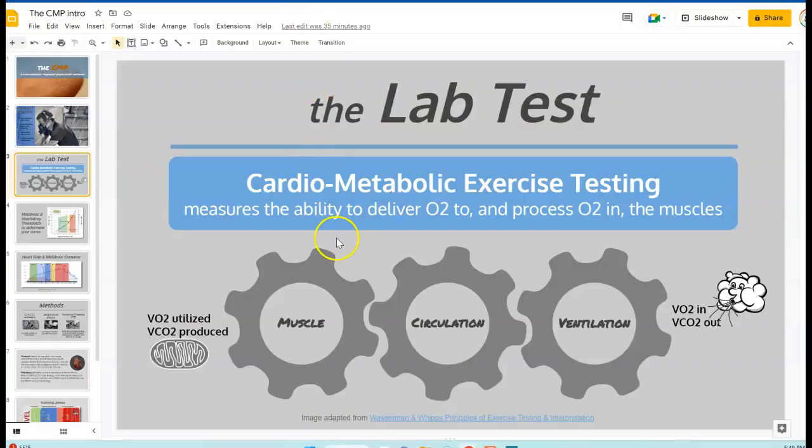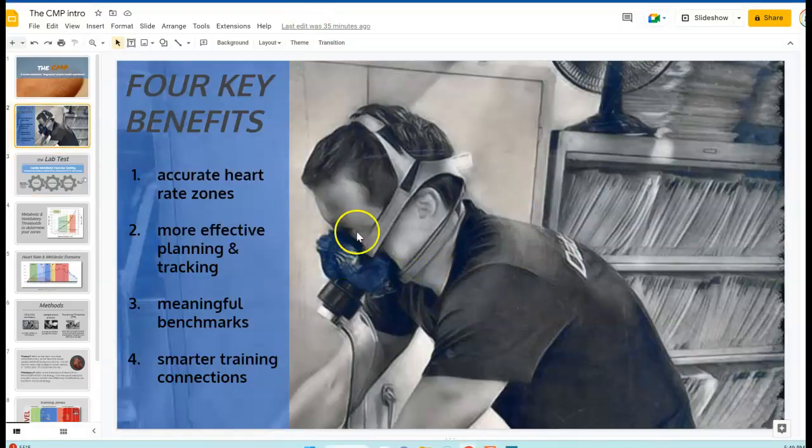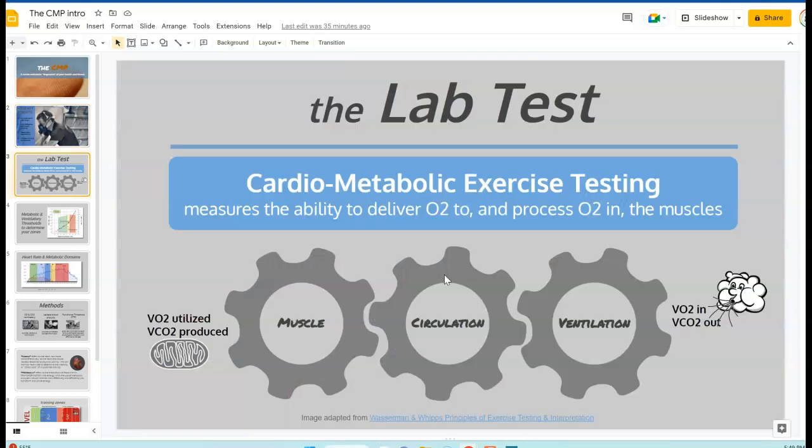Specifically, we're evaluating the ventilation component because you're hooked up to an O2 CO2 analyzer, and you're going to be going on the CardioMet profile through a fairly short 10 to 15 minute ramping protocol on the bike or the treadmill. So we're analyzing that oxygen, that air that's coming in and out, and looking at how much oxygen you're able to deliver, and then how much CO2 is coming out as a waste product.